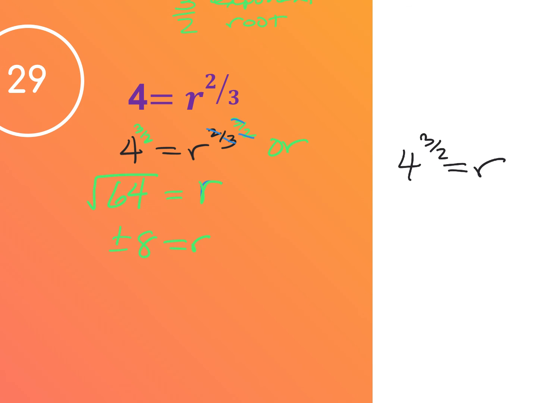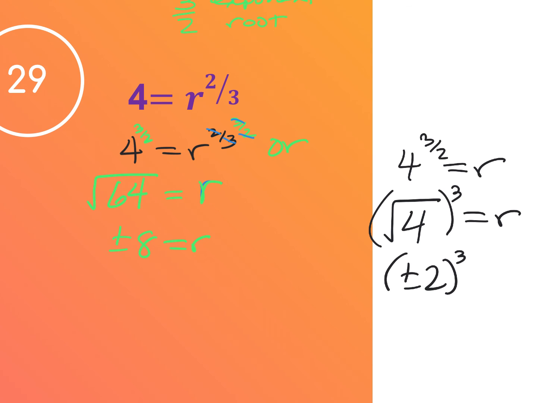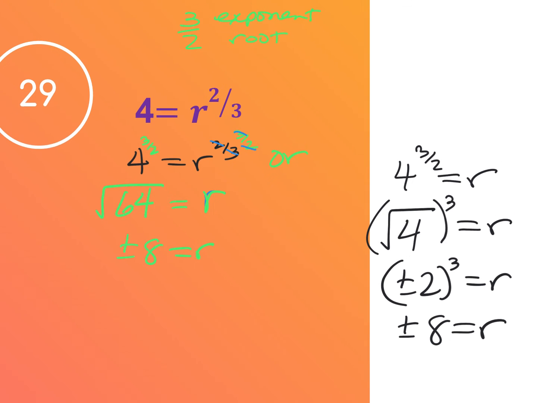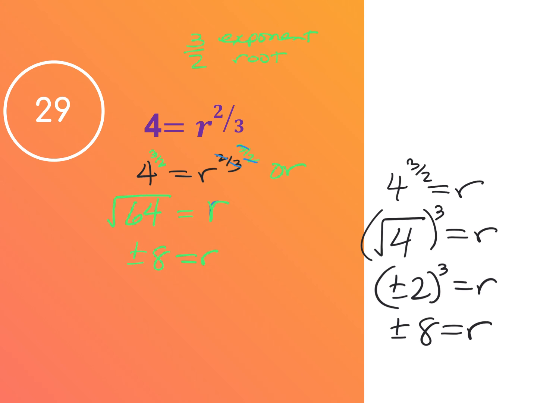So I could have done the square root of 4 and then cubed the answer. So once I square root it, I would have gotten plus and minus 2 and then cube it, and I still get plus and minus 8. So just keep in mind, you can choose whether you want to do the exponent first or if you want to do the root first.